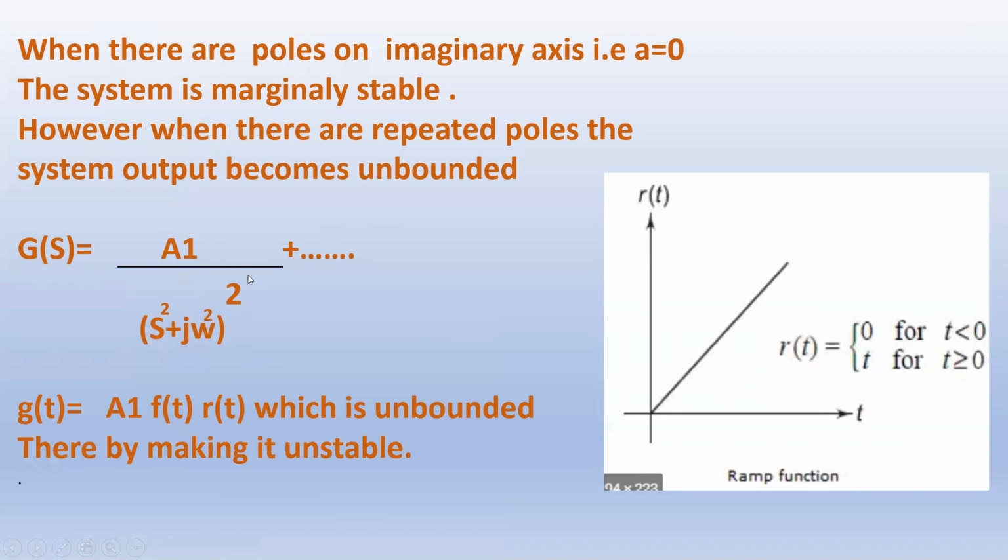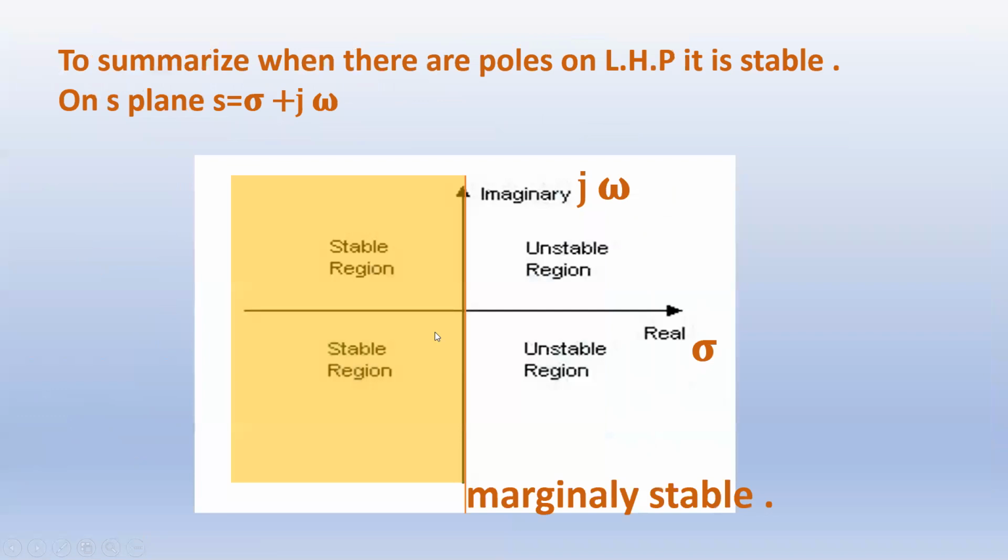If we apply the inverse Laplace transform, we get a function with a constant multiplied by r(t), because the Laplace transform of r(t) is 1 by s square, and with the time shifting property we get a similar function. This is a ramp signal, which is unbounded. This is how repeated roots on the imaginary axis make the system unstable.